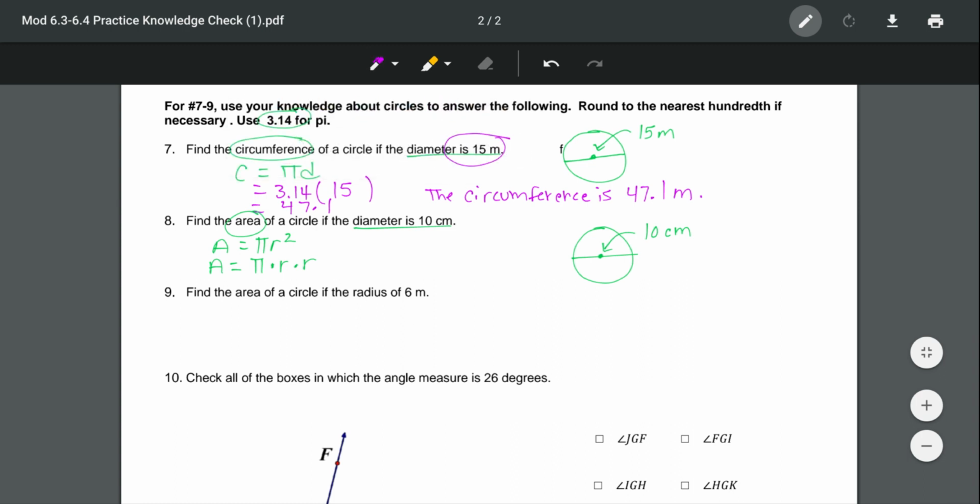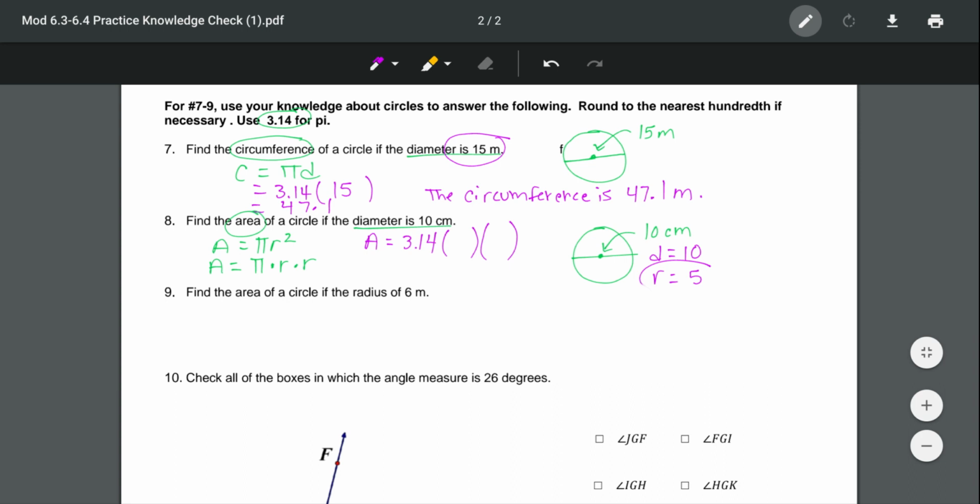Okay, so let's plug in our values. We're told to use 3.14 for pi. Now we need to figure out what is the radius times the radius. If the diameter is 10, that means the radius is half of the diameter, which would be 5.